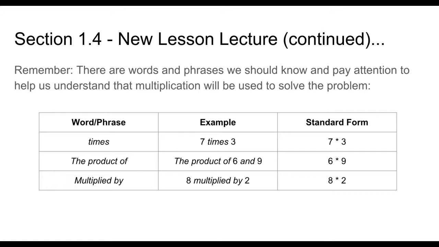So you can use an X, a dot, parentheses, or an asterisk, such as right here. There are different ways of expressing the operation of multiplication. If you see a phrase that says the product of, such as the product of 6 and 9, you know you're using multiplication of those two factors, 6 and 9.